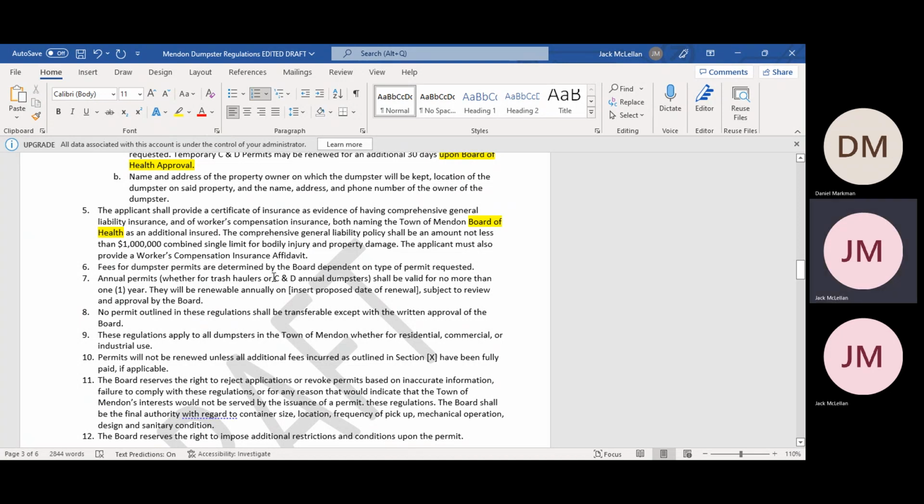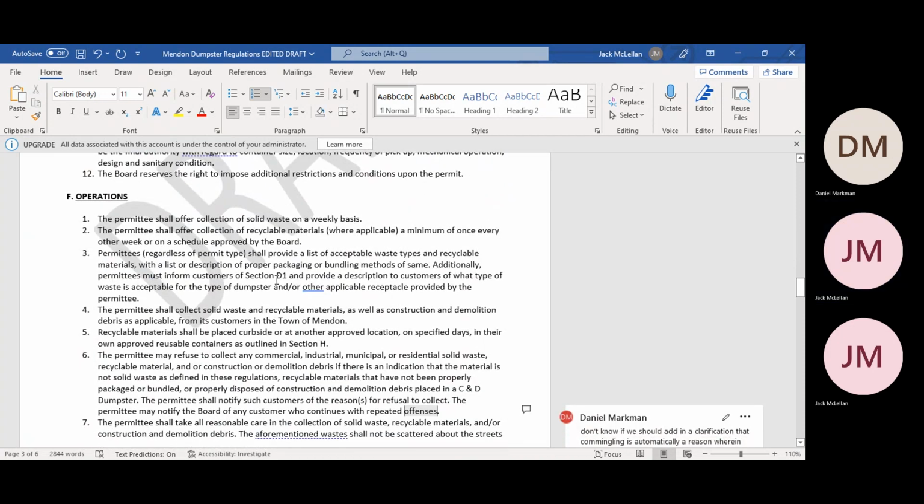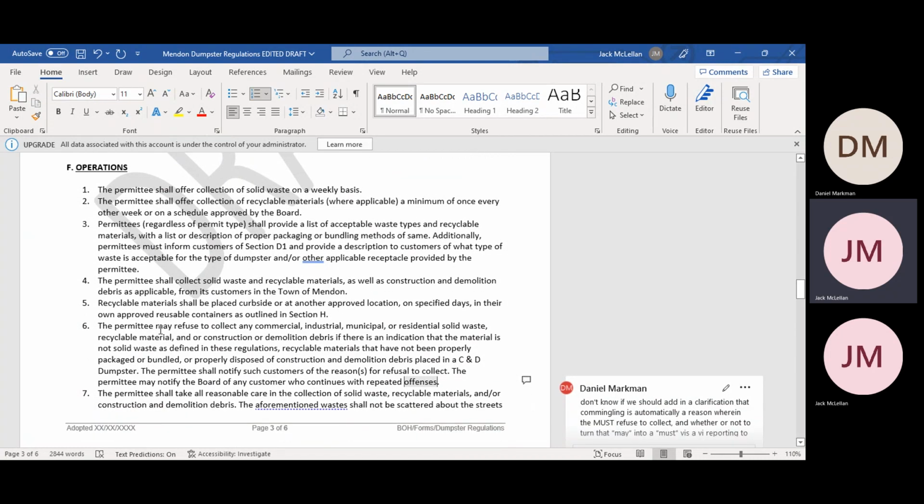Anything else? On F, I think you have to say must instead of may. F6. F6. Okay.